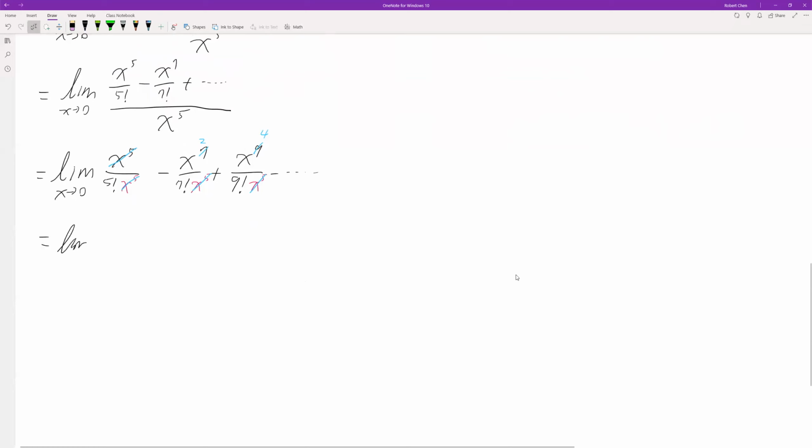Limit as x goes to 0 of 1 over 5 factorial minus x squared over 7 factorial plus x to the fourth over 9 factorial. And if you want to know what the next term is, it's going to be minus x to the sixth over 11 factorial, and so on. So besides the first term, all the terms after the first term are going to have x's in the numerator.